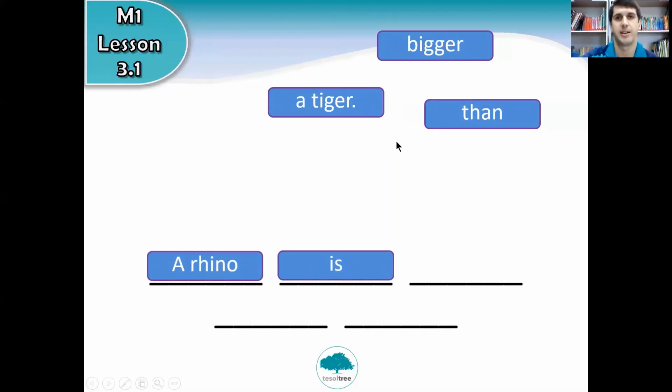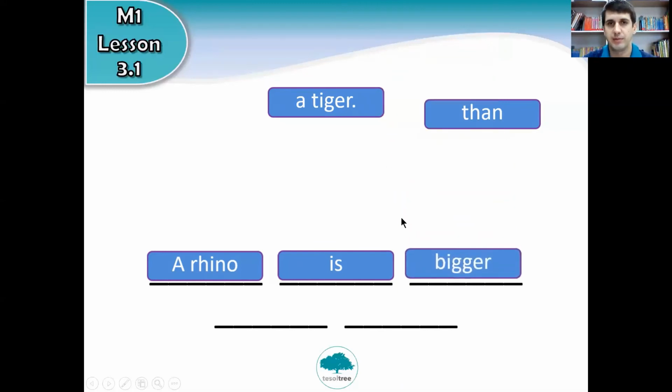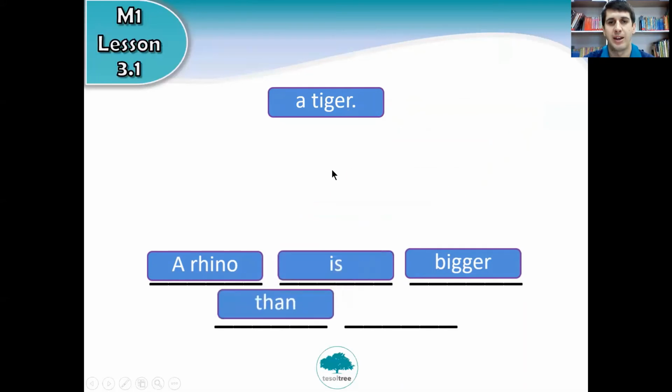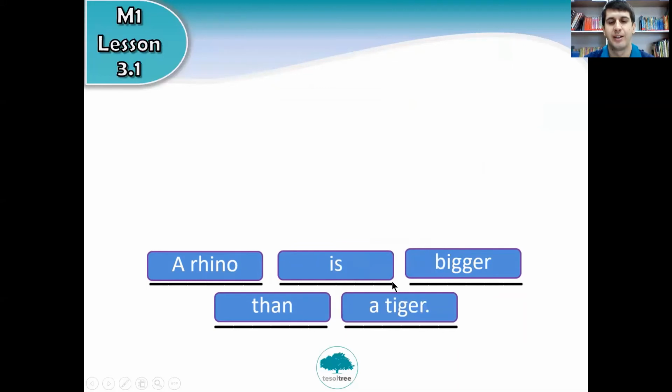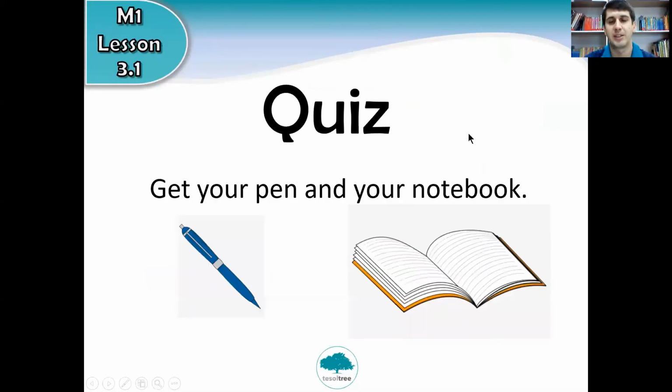Comparative is bigger. Two more. Which one is next? We know this one is the last one because of the full stop. So bigger than a tiger. A rhino is bigger than a tiger. Okay, so there we had some examples of how to build a comparative sentence, the correct structure.